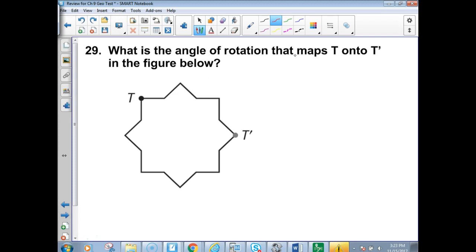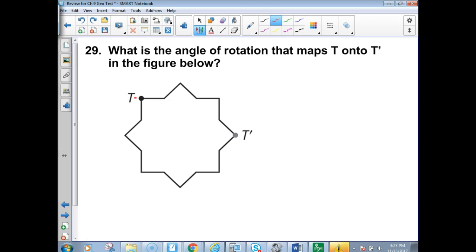29 says, what's the angle of rotation that maps T onto T prime in the figure below? Now, I need to let you know that the answer in the key is incorrect. The answer in the key on the last pages is incorrect because it gives a rotation of clockwise. What way are we supposed to go?